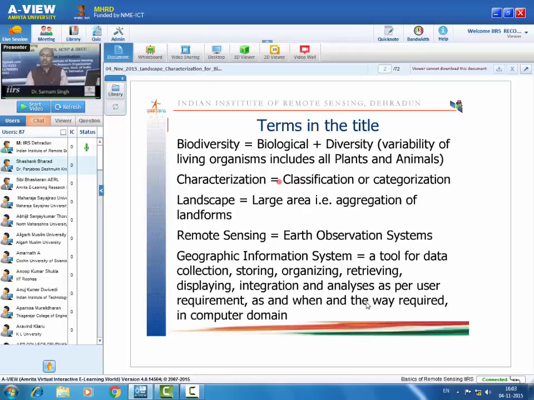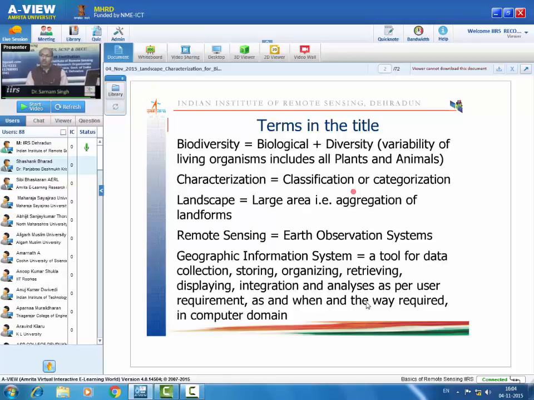So the question is how much of the forest we can protect or conserve for biodiversity, and that's why we need to categorize. That means we need to classify the forest into good forest and bad, let us say degraded, forest. Then we can say, okay, these good forests, whatever may be 10% or 11% or 12%, we need to protect them.